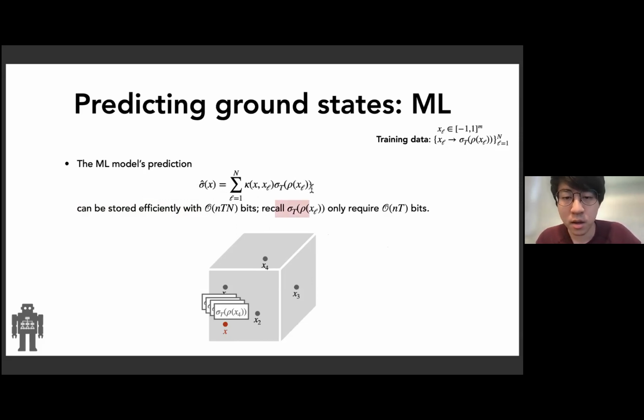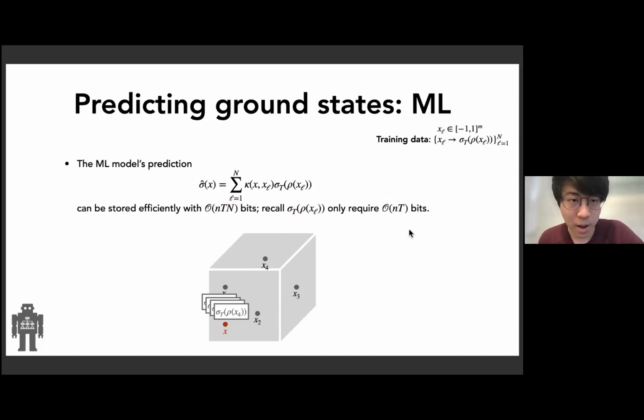Basically, if one utilizes classical shadow representation, or some other representation, for example matrix product state representation, then the sigma t of rho of x_l, recall that in the classical shadow regime, only requires a polynomial number of bits. So here, the machine learning model's prediction also only needs a very small amount of classical bits, as long as the size of the training data is not too large.